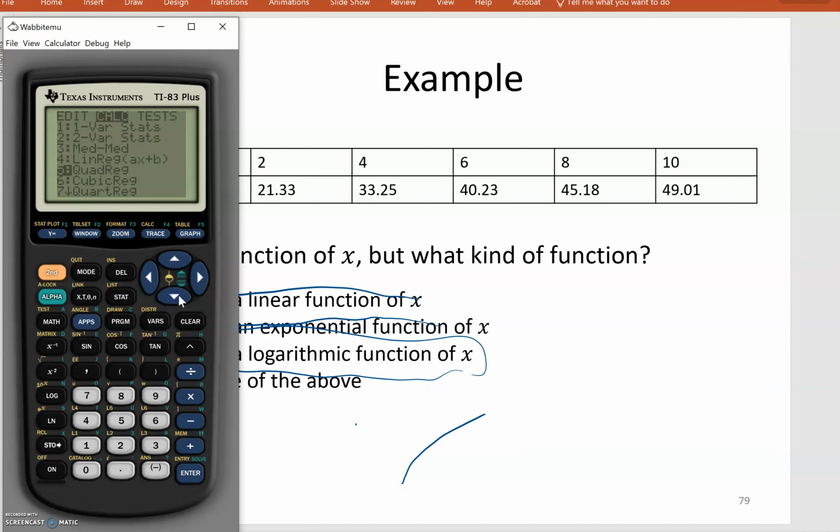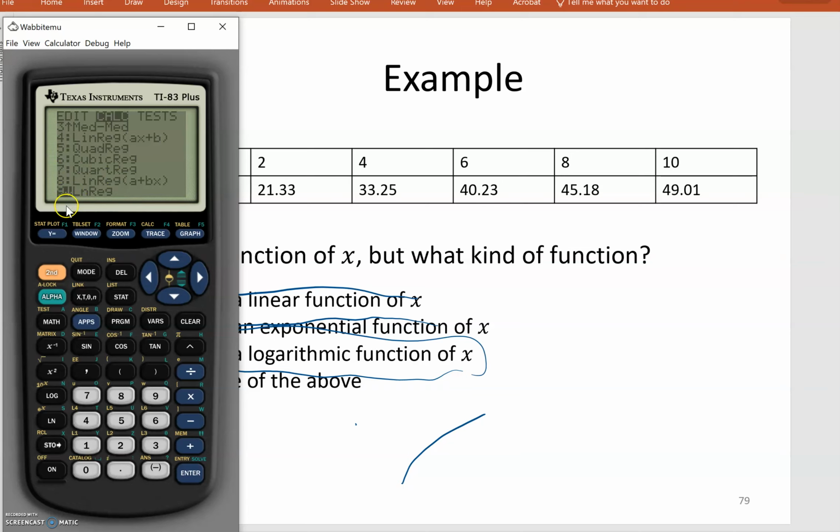So if you go down, it's not LinReg, but if you go down and be careful here, there are actually 2 linear regression methods. We only ever use the first one, so don't confuse yourself. Don't use the second one, LinReg number 8.